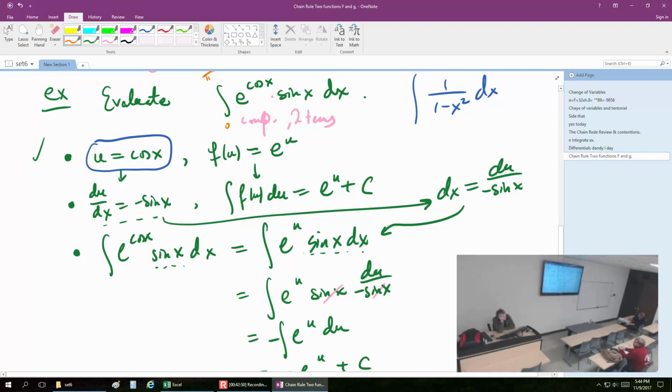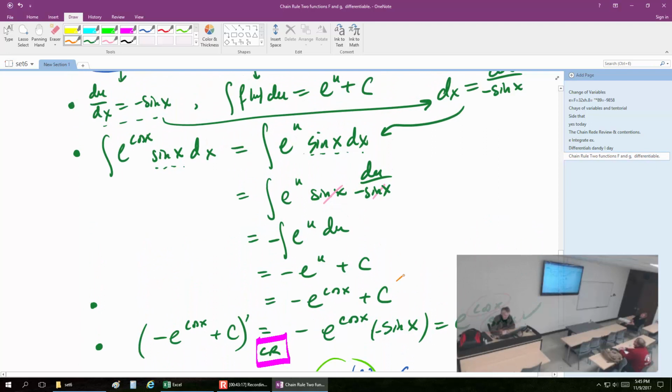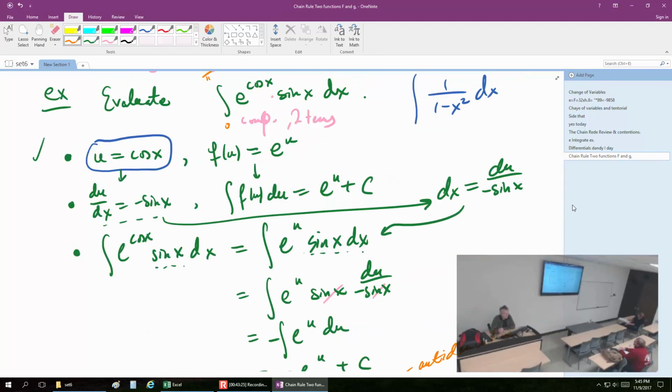What do I do then? Well, if you remember, we know an antiderivative of this function, and now I'm supposed to evaluate the definite integral from 0 to pi. How do I find it? So this is the antiderivative. How do we use antiderivatives to find definite integrals and the areas on the graphs?